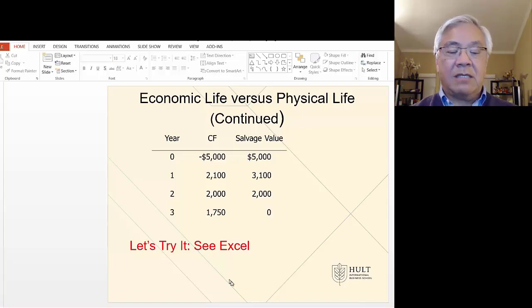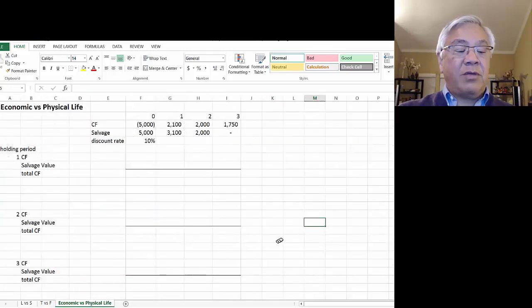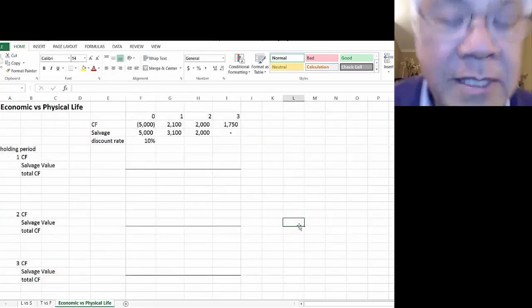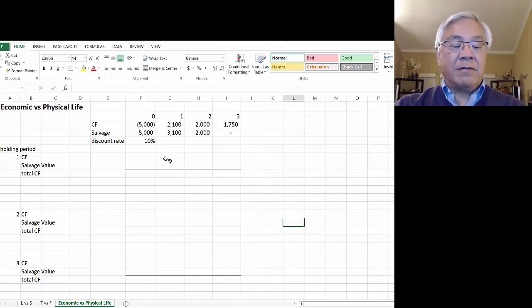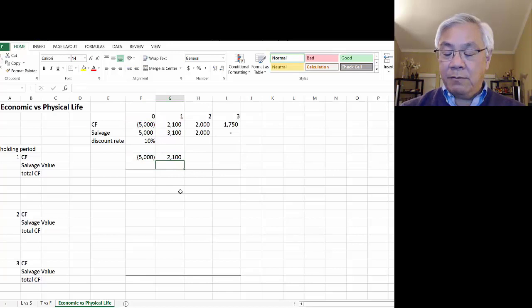So now we're going to subject this to a little more scrutiny and analysis using net present values. We have some scenarios. First, we hold it for 1 year, and let's do the cash flows. We pay for it, get 1 year, and at the end of year 1 we sell it and get $3,100.